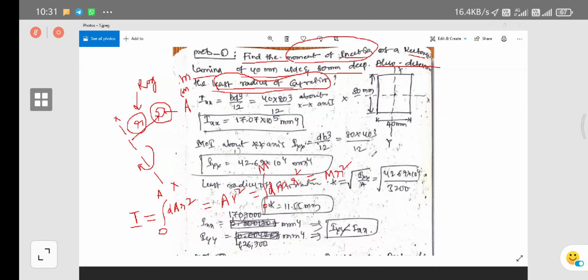But what about the radius of gyration here? If you go for area moment of inertia, the left hand side term is your moment of inertia, and the right hand side term is the product of area into radial distance square. I want to find the radius of gyration, so r square is equal to I divided by A, the ratio of moment of inertia to the area of the particular object.